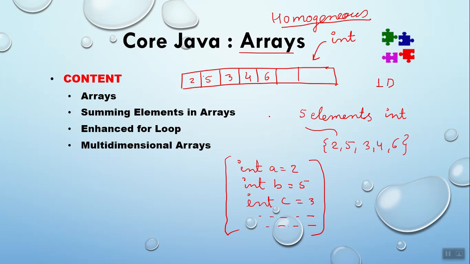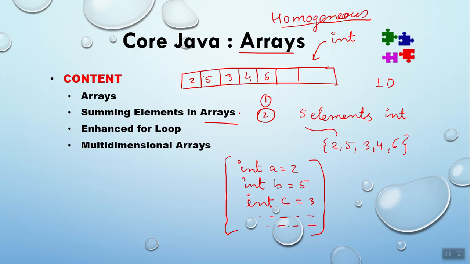We're looking at how to declare an array. The first question is how to declare it, then how to initialize it. Then we'll look at summing elements in arrays, which is most basically used, since we sometimes need to sum the elements.